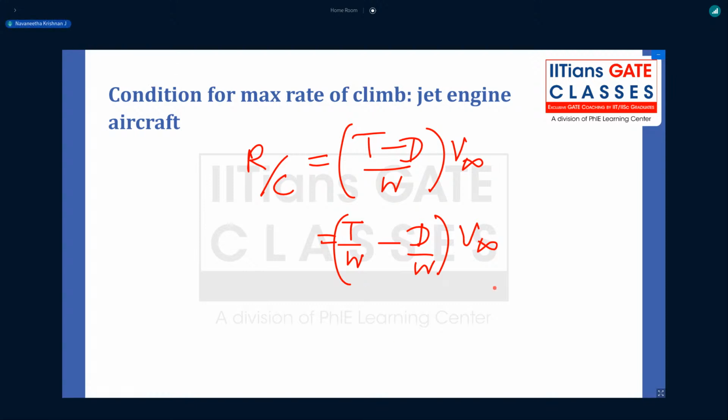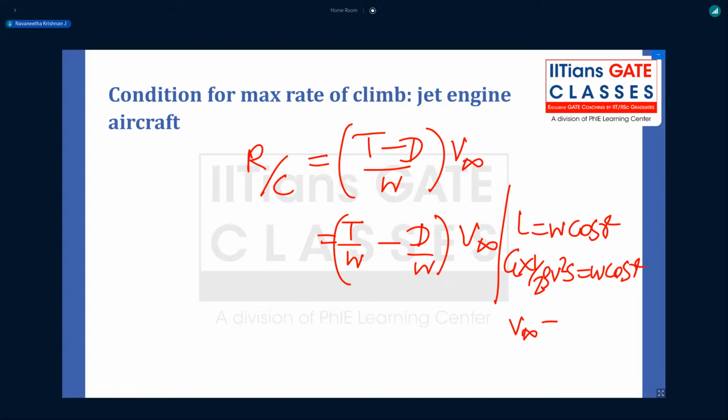If I take lift equal to W cos gamma, your second equation, then lift is nothing but CL into half rho V square S, equal to W cos gamma. From this, we can write the free stream velocity V infinity as root of 2 W cos gamma divided by rho S CL.